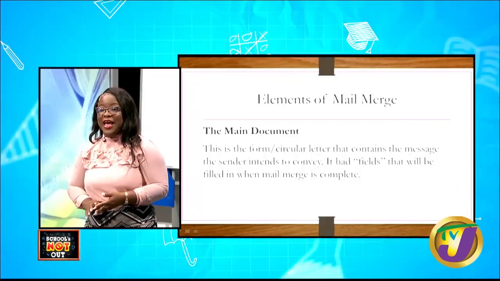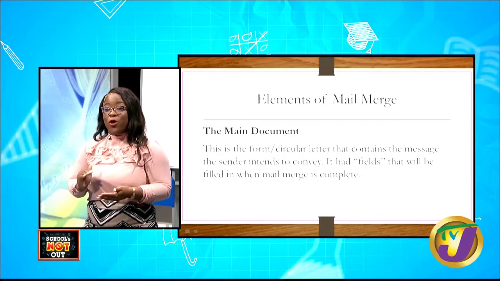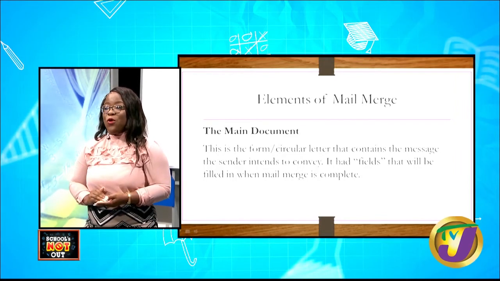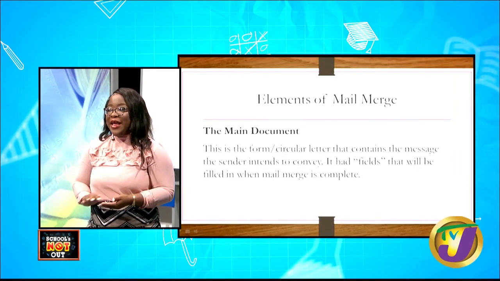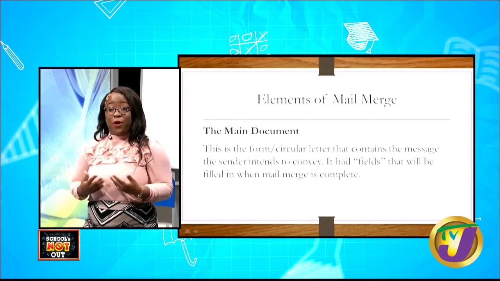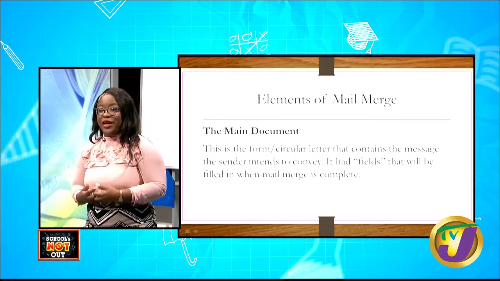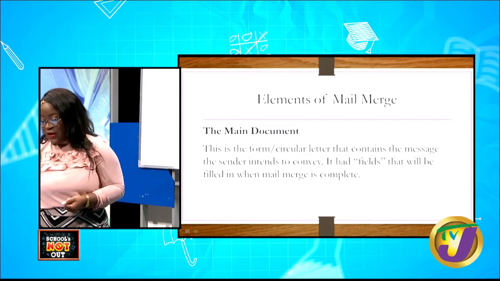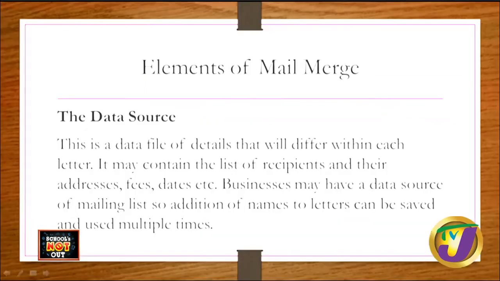And after we've created the main document, ensuring we do our spell checks and ensuring that the order of the letter is correct, that the grammar and spelling are all correct and there are no typographical errors, then we move on to completing what we call a data source. The data source can also be completed before we do the main document.